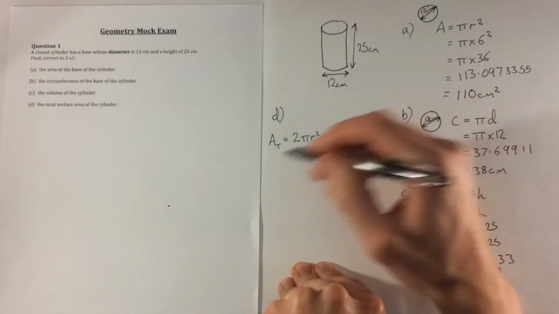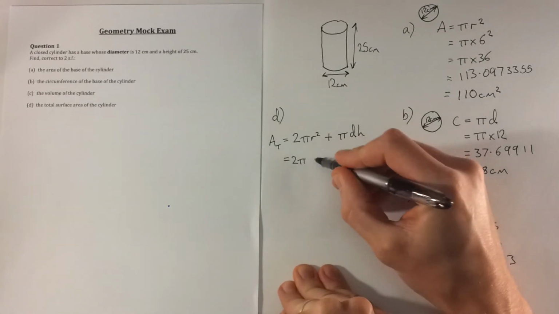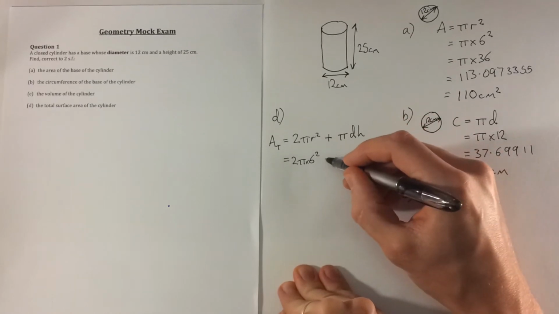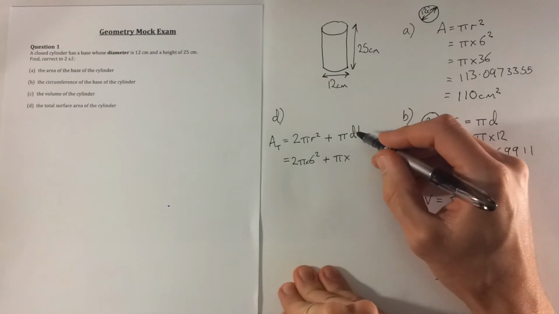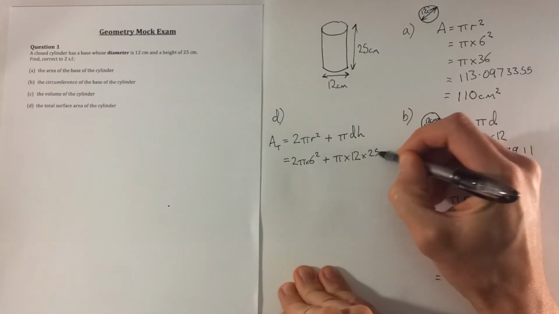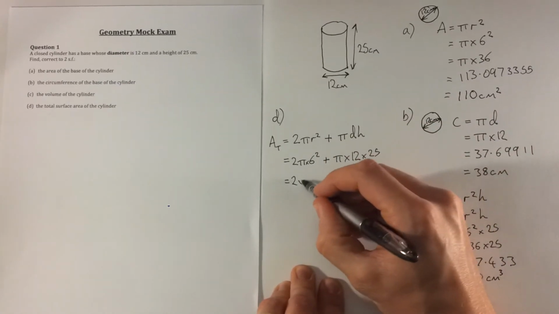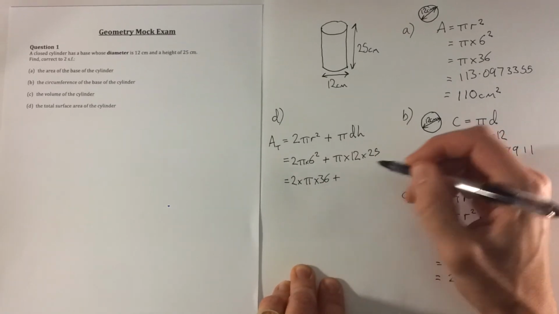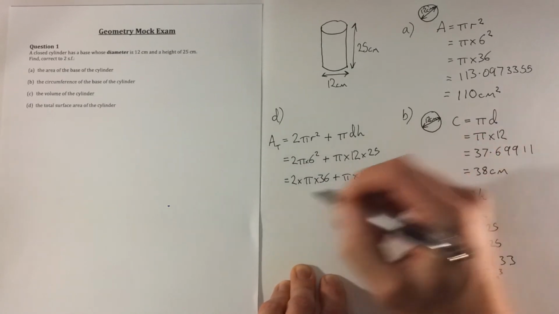So the total surface area will be equal to 2 times pi times 6 squared plus pi times the diameter, 12, times the height of 25. So just to take this one step further, 2 times pi times 36 plus pi times 12 times 25.